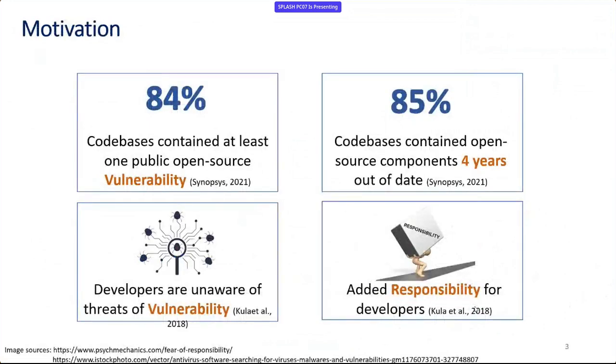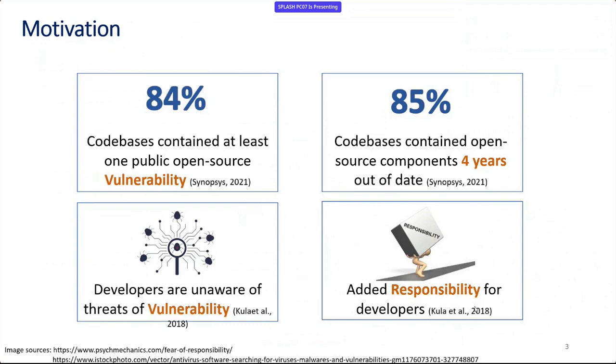The motivation behind looking at dependency updates was the software risk analysis report in 2021, which reported, according to the code bases that they reviewed, that 84% of these code bases contained at least one public open source vulnerability, as well as 85% of these code bases contain open source components that are 4 years out of date.